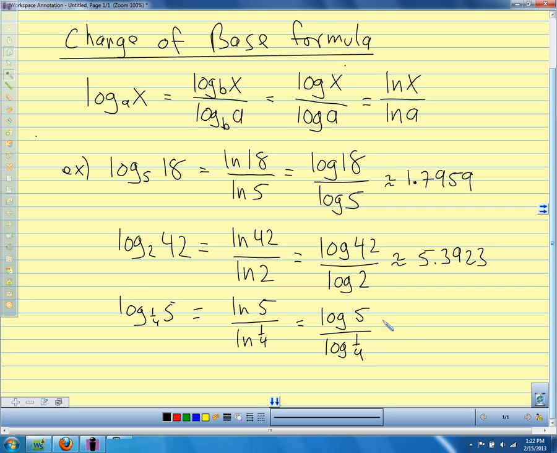And if I calculate that out, I get about 0.7124. So I'm just plugging it into my calculator just like it looks.